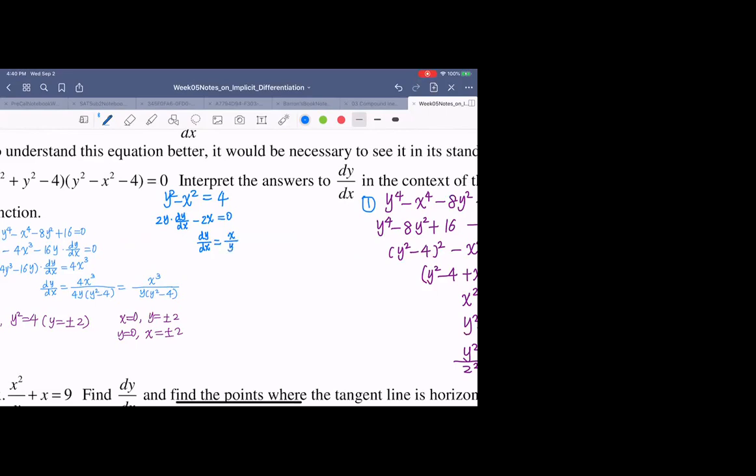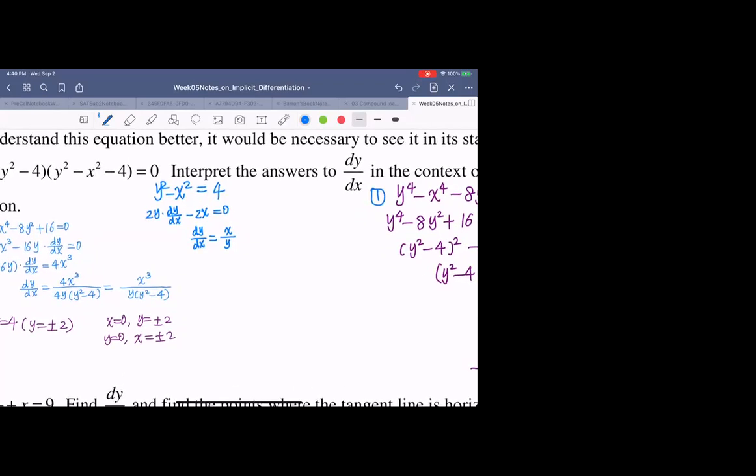Yes. Okay, so when x equals 0, y equals plus or minus 2, right? So that means at 0, 2, or 0, negative 2, dy over dx equals 0, right?